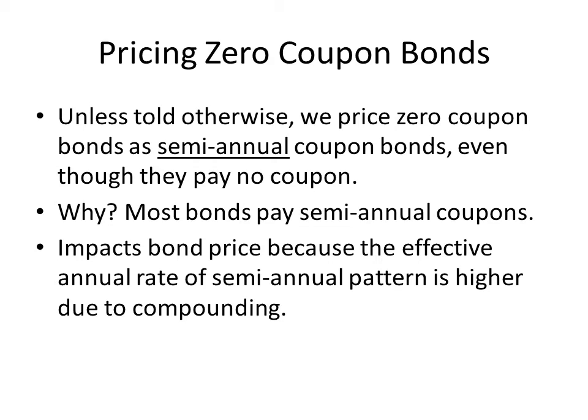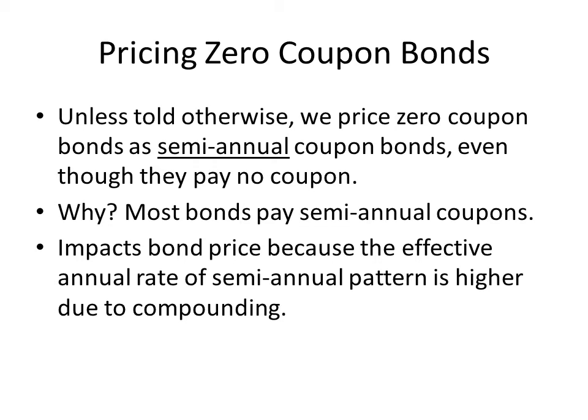The weirdness with zero coupon bonds comes in how we price them with regard to the time period. We price zero coupon bonds as though they were semi-annual coupon bonds, even though they pay no coupon.